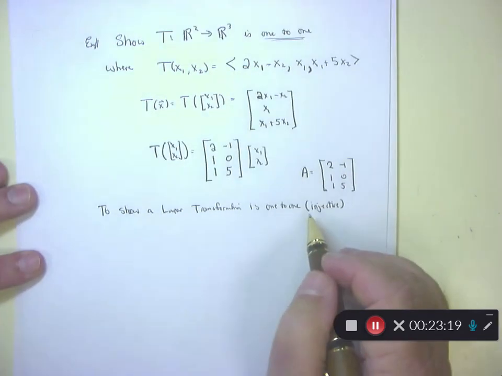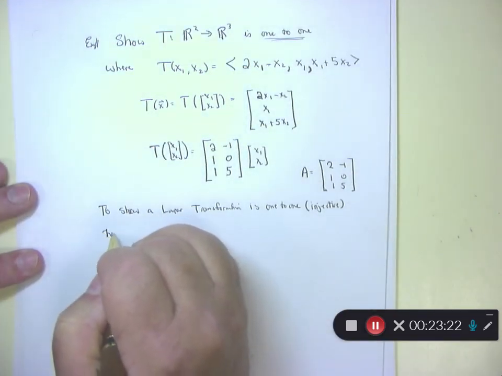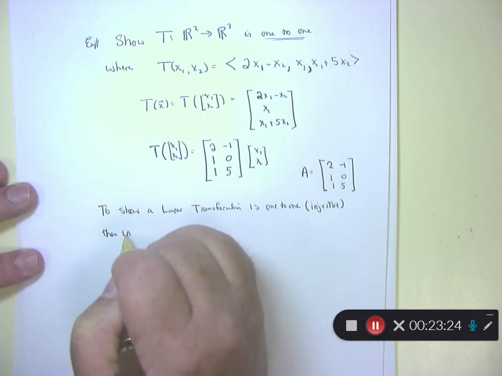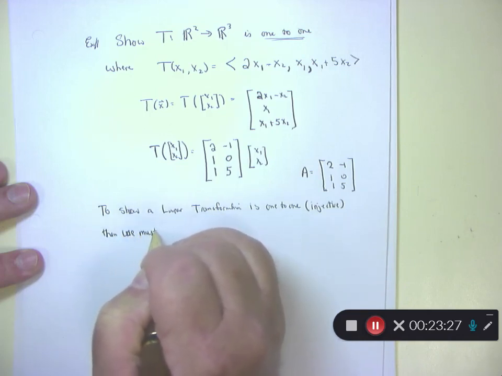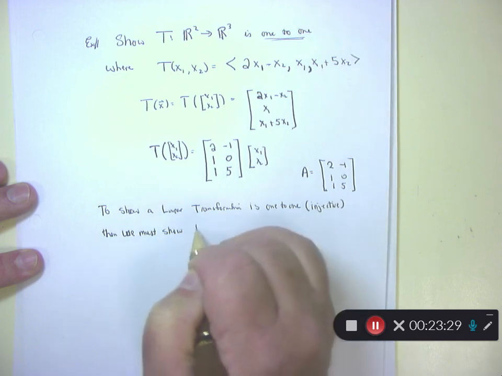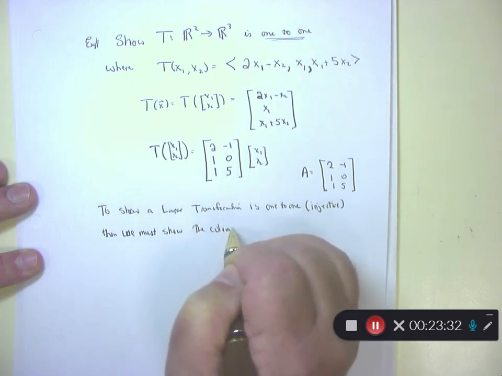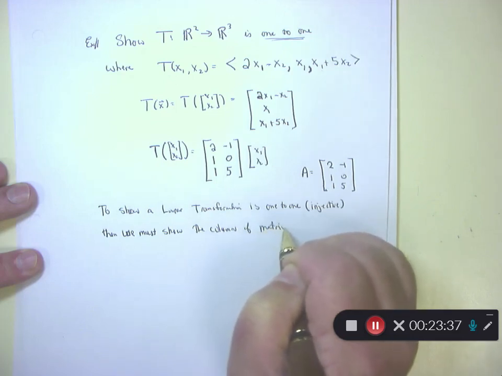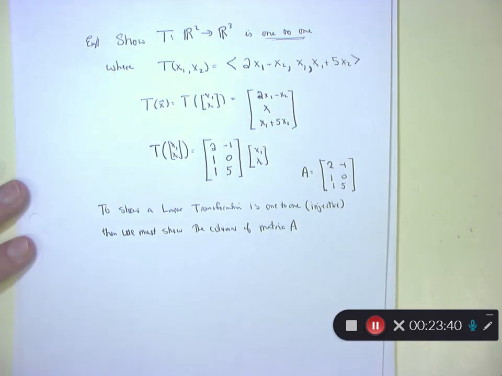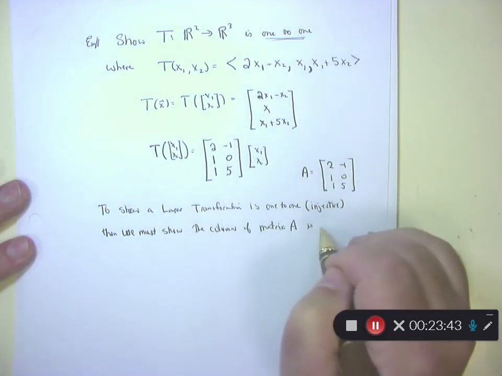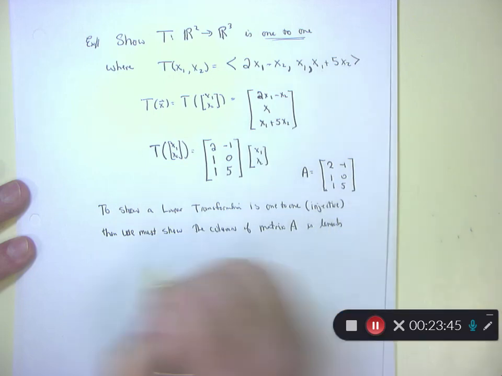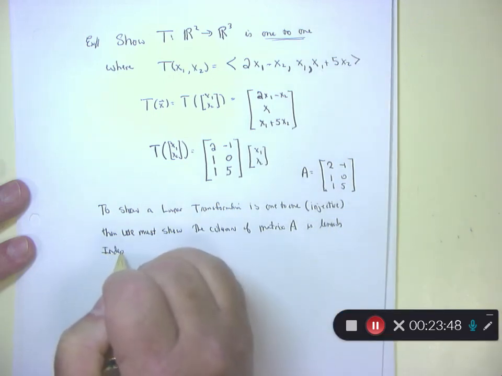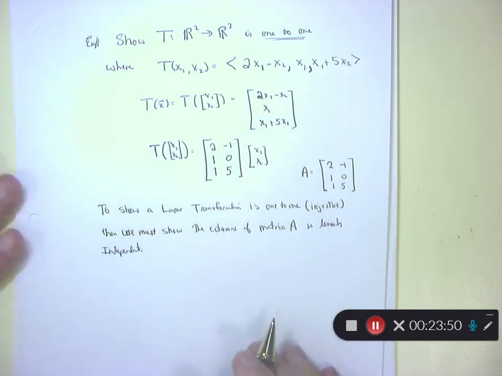Is 1-to-1, then we must show the columns of matrix A, the matrix that represents the linear transformation, are linearly independent. So I'm trying to tie in all this definition stuff that I talked about 3 sections ago.